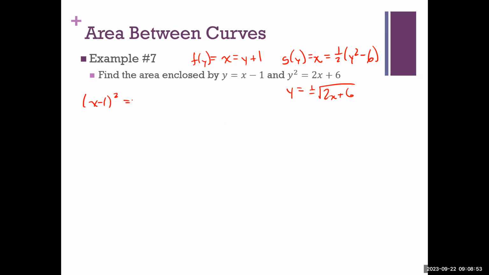X minus 1 squared equals 2x plus 6. X squared minus 2x plus 1. So I think that should help us find our bounds. Does this factor cleanly? I think it does.